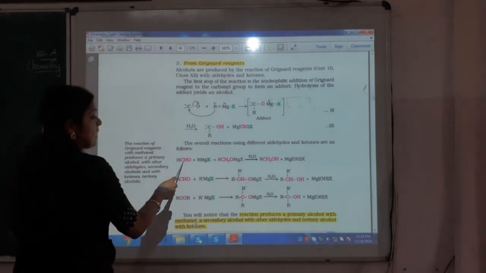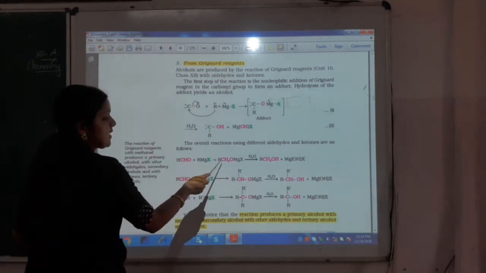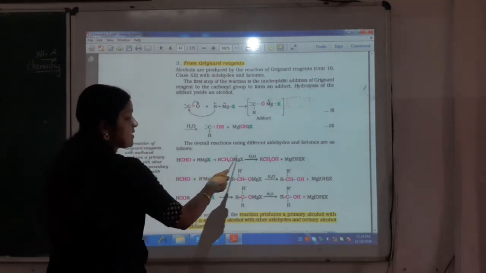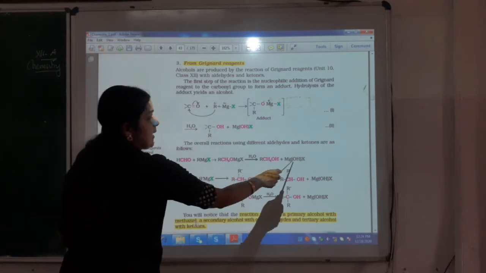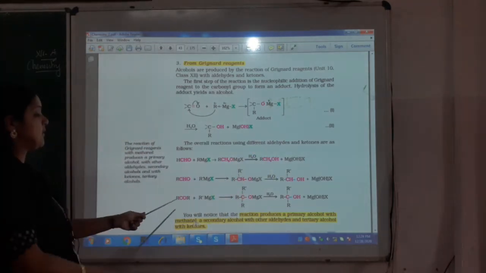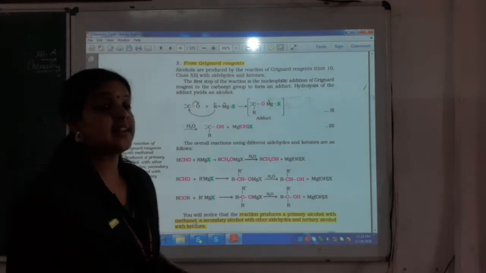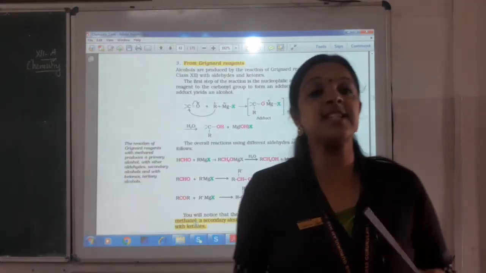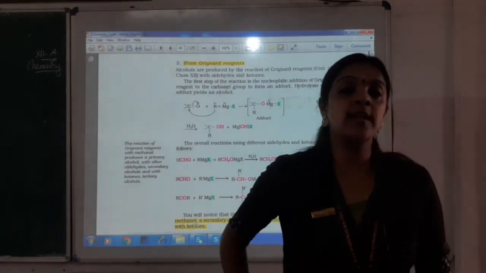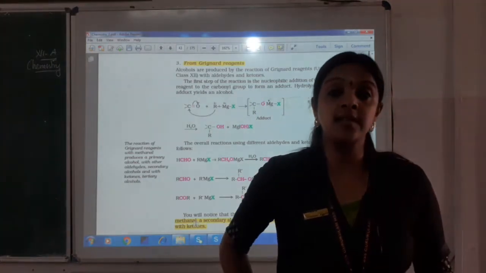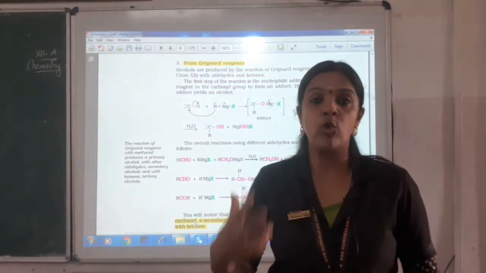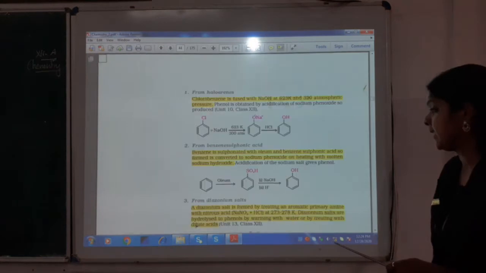Examples you can see: aldehyde with RMgX gives RCH2OMgX, then RCH2OH and MgOHX. Similarly with ketone. So this is again important, don't think why teacher says every reaction is important. When organic chemistry is concerned, every reaction has its own value. So you have to learn it.